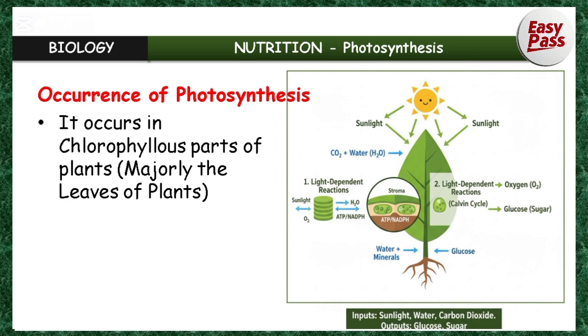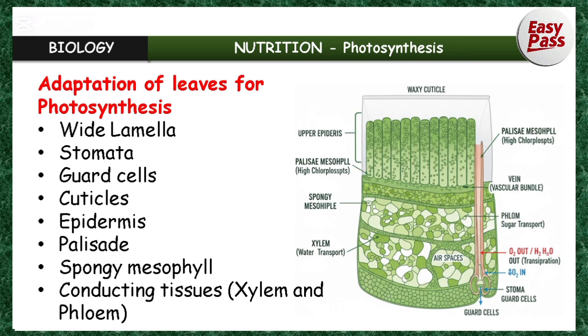If you look at the leaf, generally the leaf is well positioned and well structured to carry out photosynthesis. What are the parts of the leaf that enable photosynthesis? Adaptations of leaves for photosynthesis.